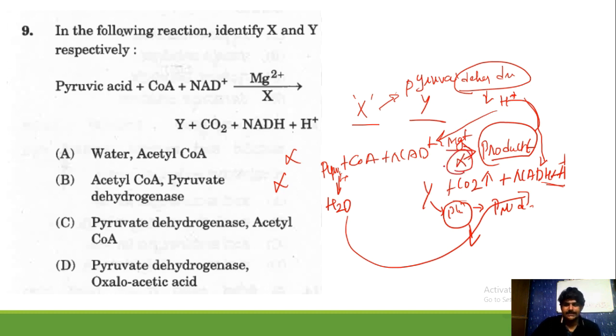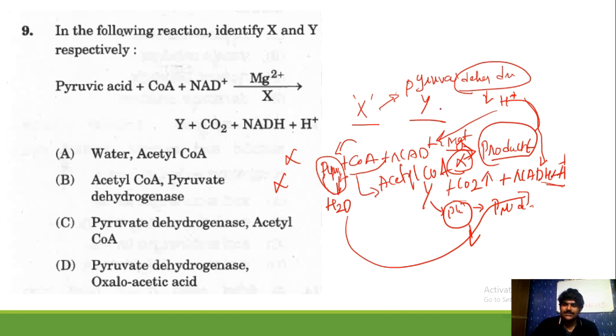Okay, then when this pyruvic acid is dehydrogenated, this particular CoA reacts with the remaining molecule of the pyruvic acid, and it is going to generate acetyl CoA.